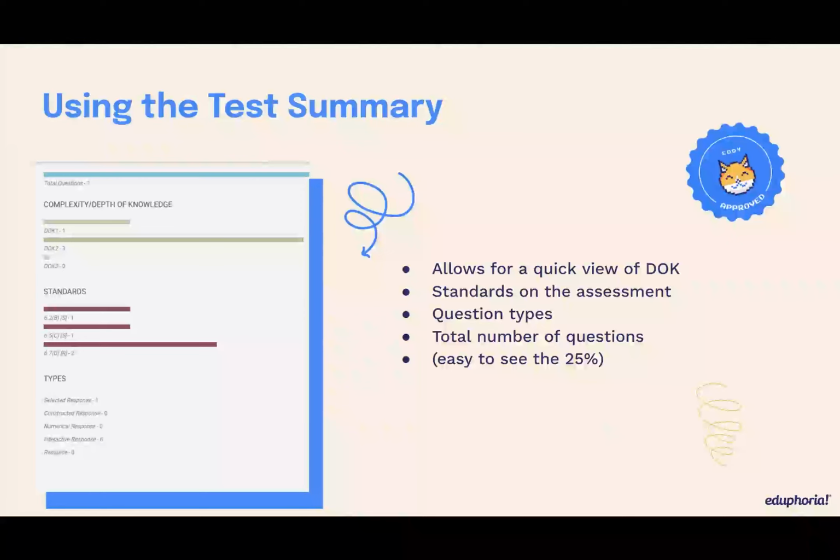In an overview, you get the total amount of questions, the standards that you ask and how many, and the item types you have utilized. So if you're really trying to meet that quota of 25%, you can easily gauge that, but also know that you don't have to add as many for local assessments if it's not needed. And you get that quick viewpoint of where your test is and what it looks like holistically.